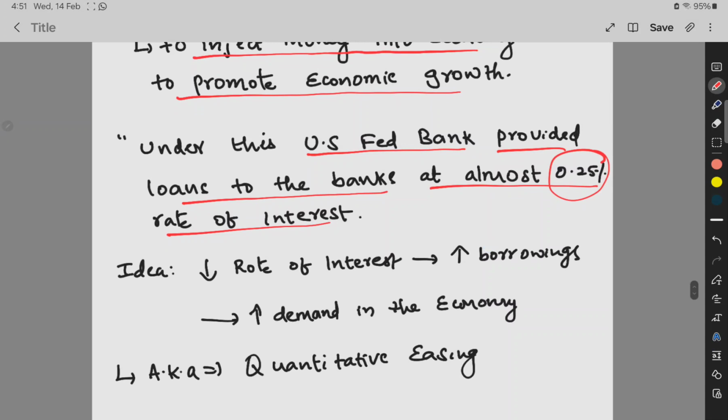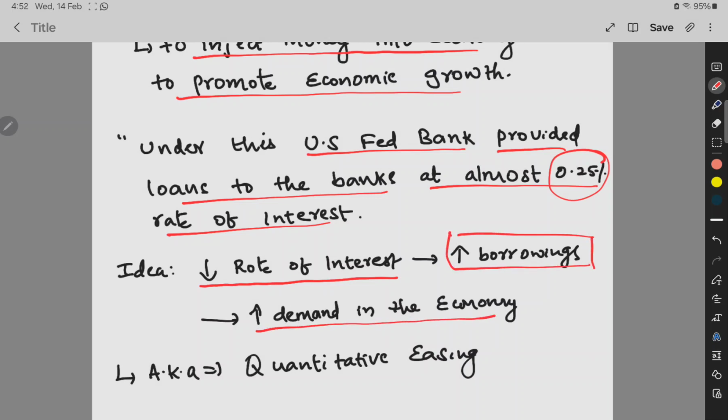What is the main idea behind this policy? It is simple: they have to reduce the rate of interest so that people will borrow money. Automatically demand in the economy will increase, because due to the global financial crisis, demand reduced and economic growth all of a sudden fell down. To counter it, they followed the zero interest rate policy to boost demand in the economy.